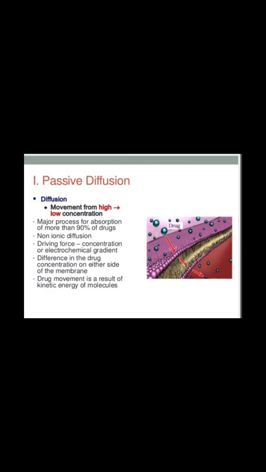Usually the absorption of more than 90% of drugs takes place by the process of diffusion. It is a non-ionic diffusion, and the driving force for the diffusion process is the concentration gradient or the electrochemical gradient, so the difference in drug concentration on either side of the membrane. Drug movement is a result of the kinetic energy of molecules.